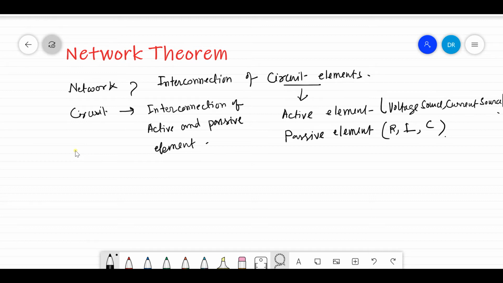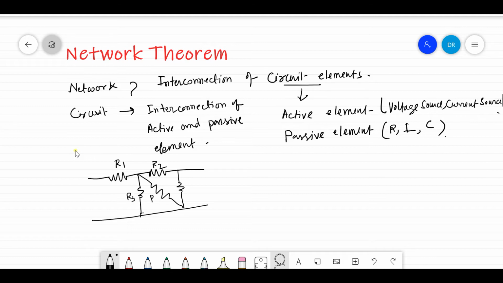if I draw different resistors connected, R1, R2, R3, R4, R5 in this manner, we can call it a network, interconnection of passive elements.